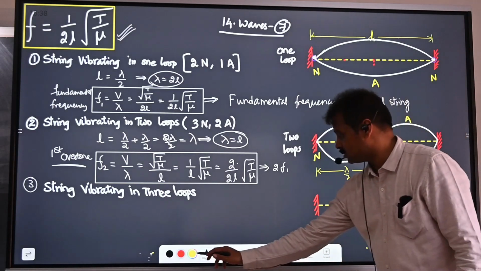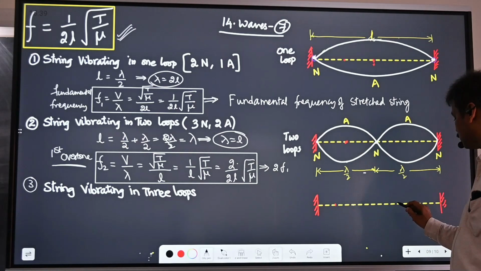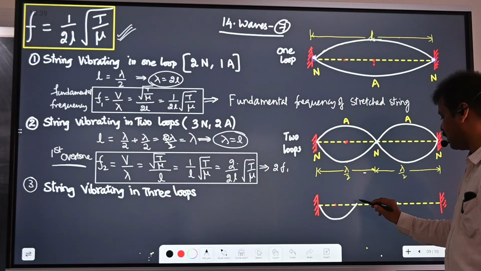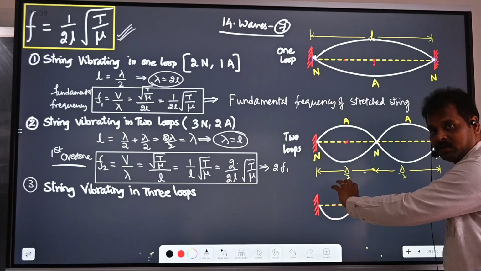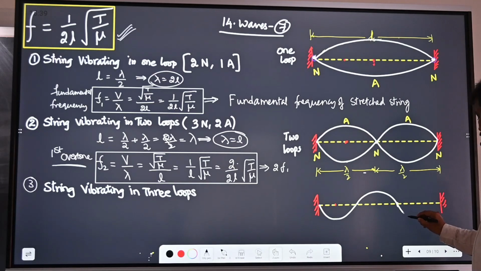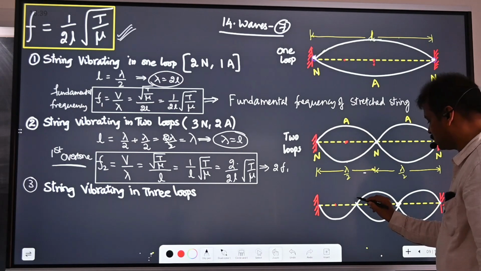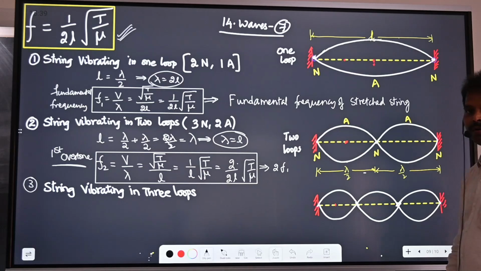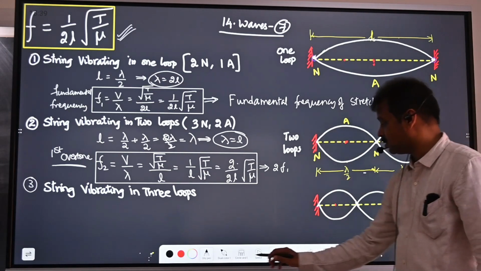Then what happens? This is the first wave. When I pluck this one wave, that string will come to this form. But after striking this, phase change will take place. This is the 3 loops.